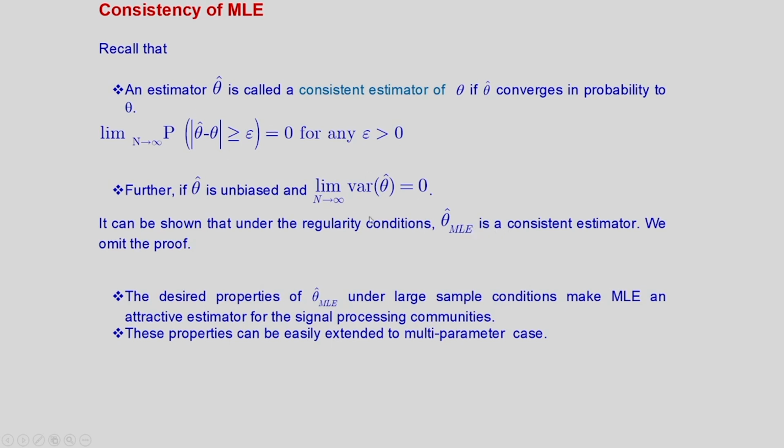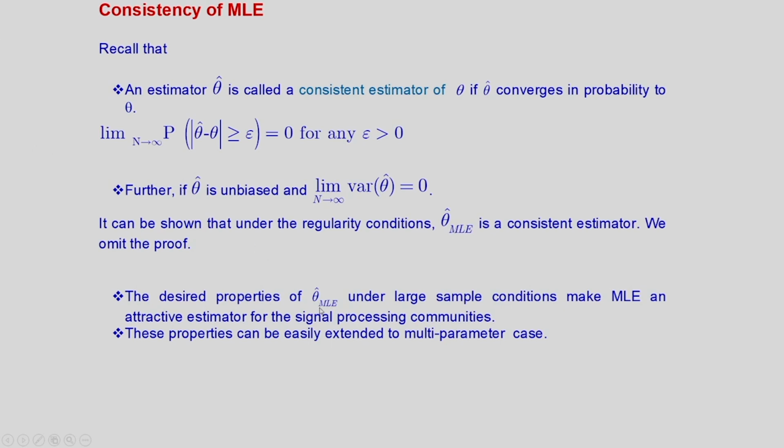So, we can show that it satisfies this property: limit of probability of mod of theta hat minus theta greater than or equal to any epsilon as n tends to infinity will be equal to 0. But we will omit this proof, but what we claim is that theta hat MLE is a consistent estimator under some regularity conditions, but those regularity conditions are satisfied in practice.